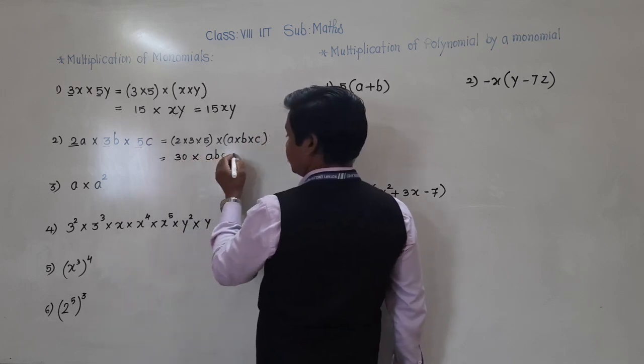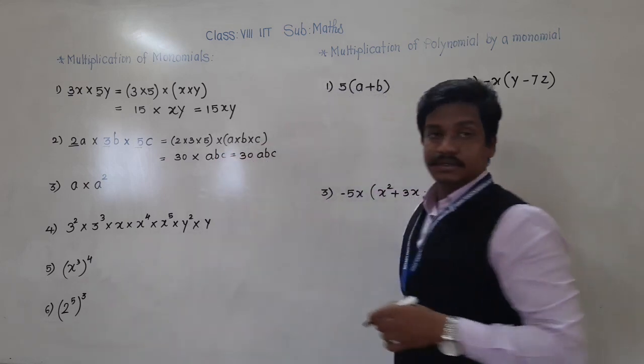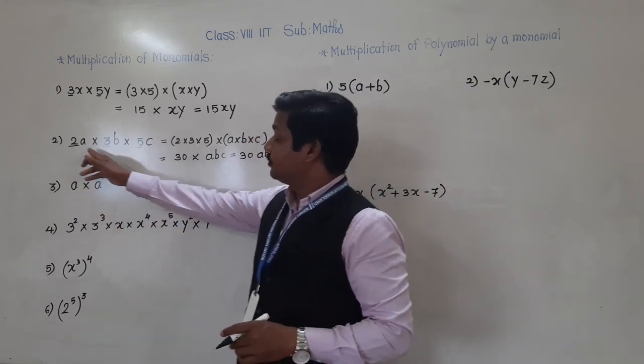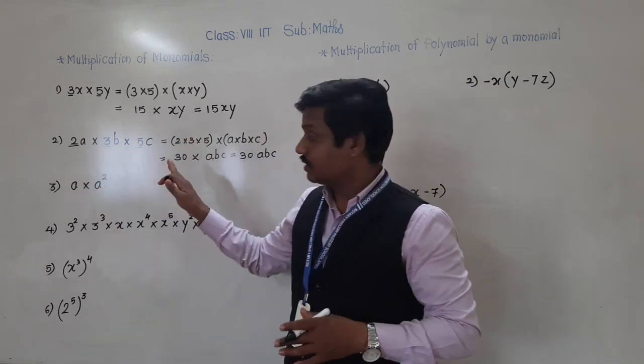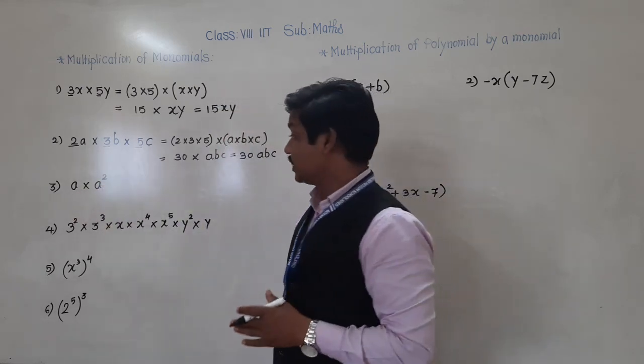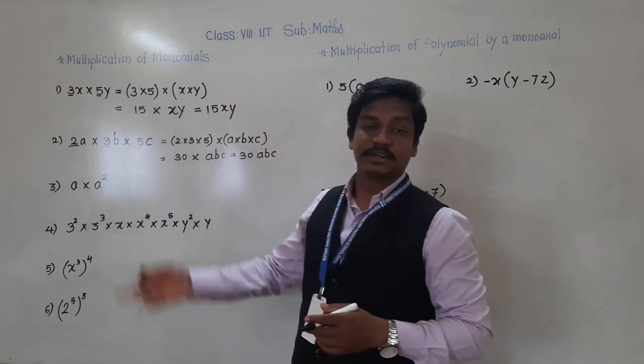So now 30 into abc becomes 30abc. Understood? Here if you observe, the variables were different. Now see here, third example, a into a square. Variables are same. So how to multiply that? a multiplied by a square.